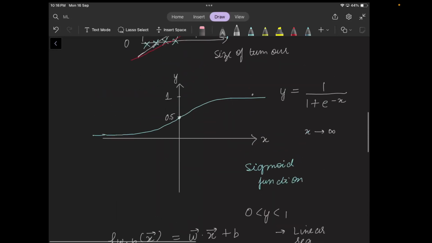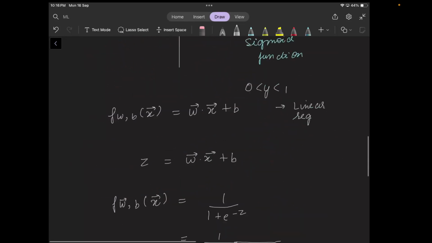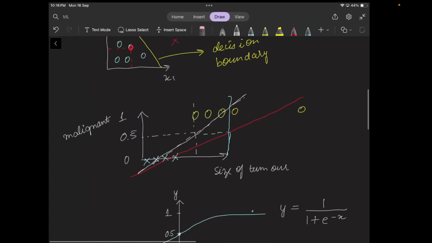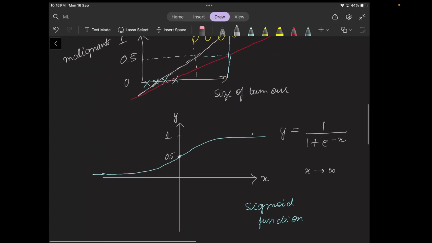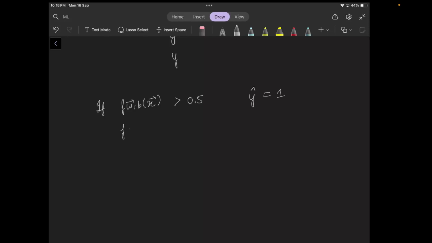Now I mentioned something called the decision boundary here. In this case, let's say 0.5 is the threshold. So if f of w comma b of x is greater than 0.5, I will make y hat 1, and similarly if it is less than 0.5, y hat would be 0.